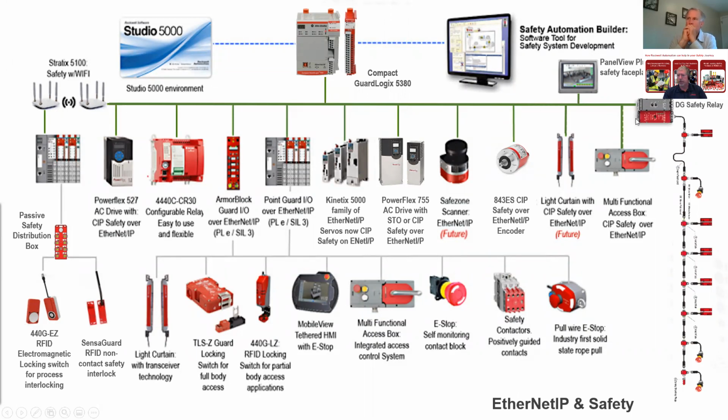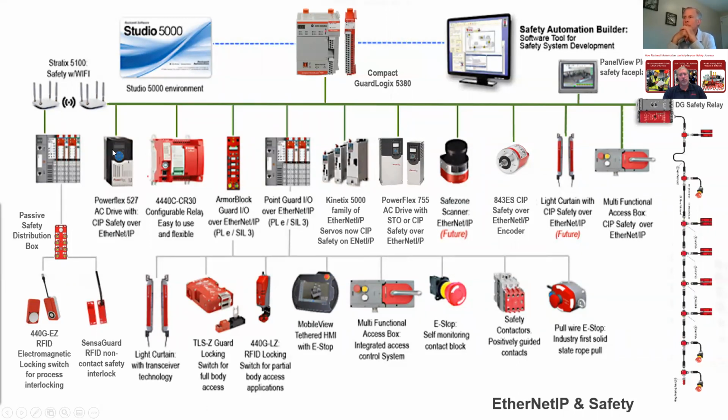This green line, it should be teal actually, but this green/teal line up here is Ethernet connectivity, right? That's Ethernet connections. So we have, in this case, our CIP safety based controller. This is the Compact GuardLogix 5380 platform. And that is running CIP safety communication down to all these devices in addition to standard control, right?